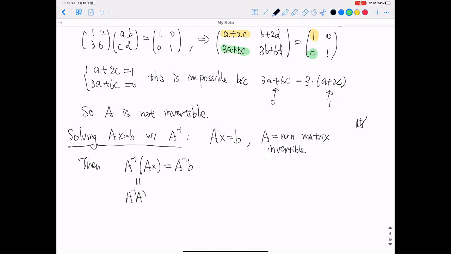That you can rewrite as A inverse A times X, which, A inverse A by requirement being the identity, is identity times X, which is therefore X. So this shows that X is A inverse B. Easy. So you see indeed that if you have a system AX equals B with A being an invertible n by n matrix, then X is easily computed as a matrix product. X is A inverse B.